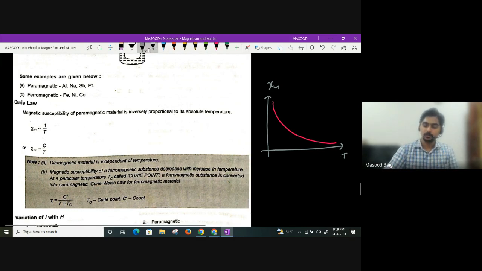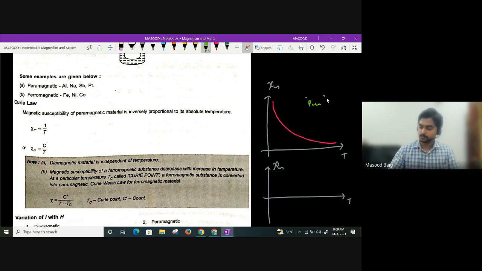Whereas if we talk about the susceptibility with temperature for dia, guys. First one is anyhow para. Susceptibility with respect to temperature for dia, what is it going to be?